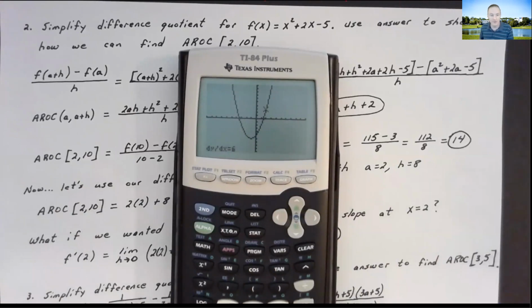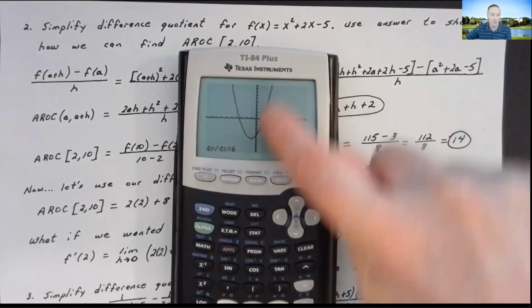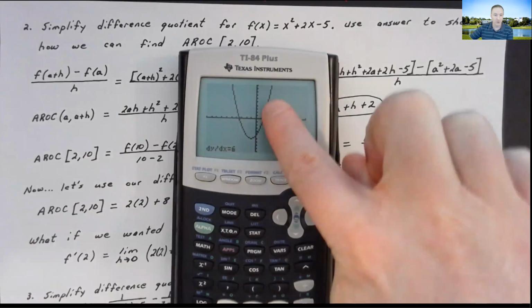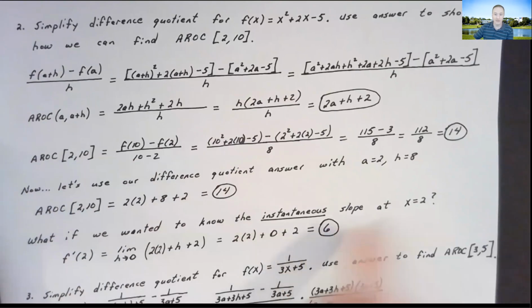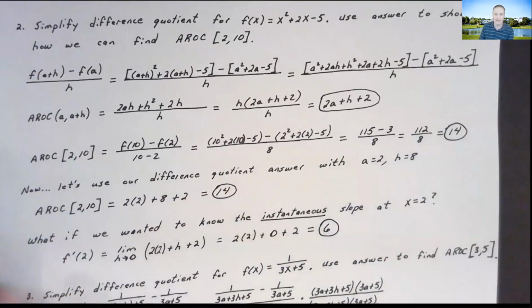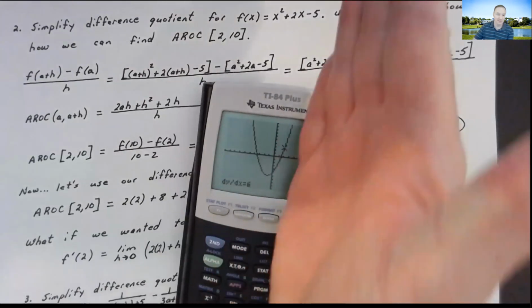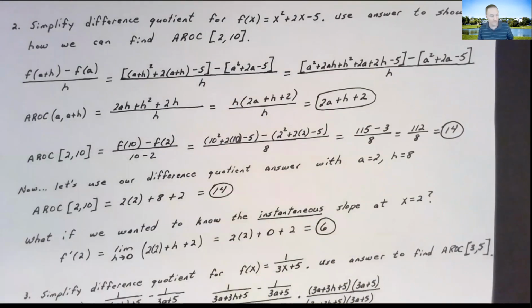And then it will tell you, hey, your instantaneous rate of change there is 6, meaning it's going up 6 y units per x unit at that instant in time. Now, clearly, the slope gets greater than that because the average rate of change from 2 to 10 went from a slope of 6 all the way to a slope of 14, because this quadratic function is going to get steeper and steeper and steeper as we're moving from x equals 2 to x equals 10.